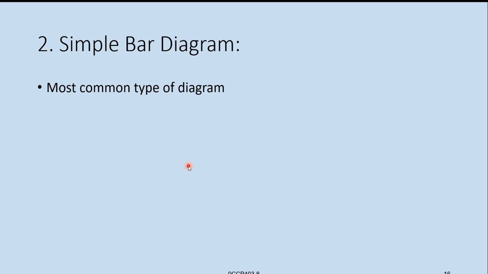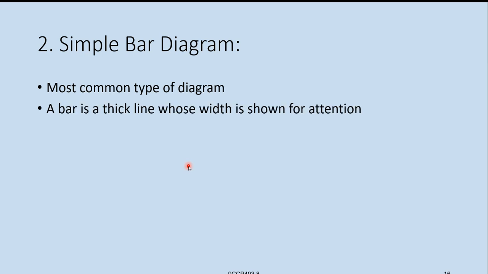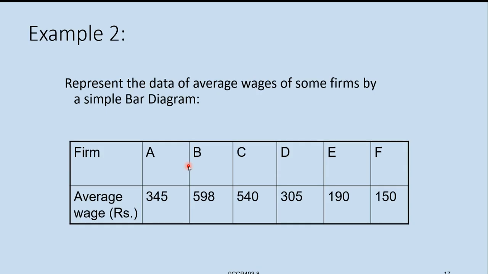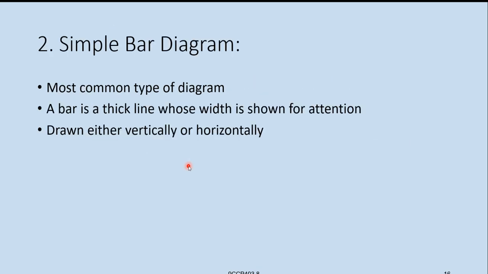Next is simple bar diagram. This is two-dimensional pictures. Two-dimensional pictures, as I explained to you, these are bar diagrams. Two variables will be there, and the most common type of diagram is this one. There are some other types in the bar diagram also.